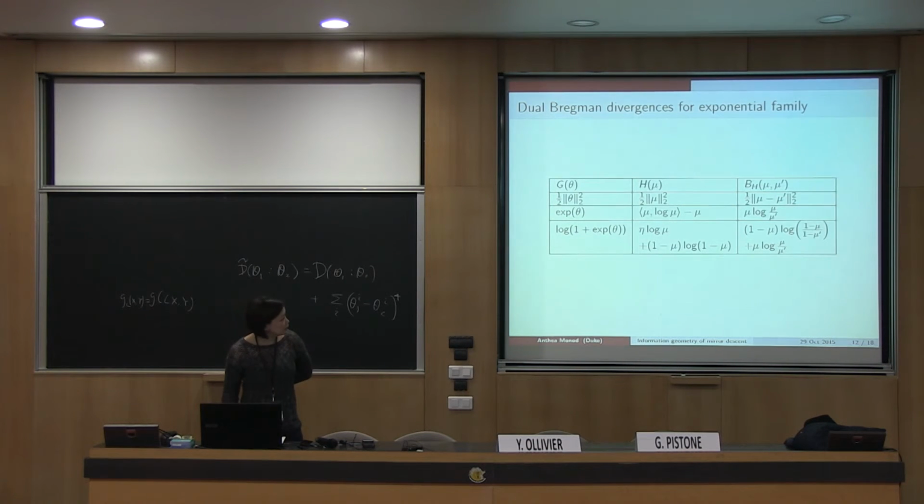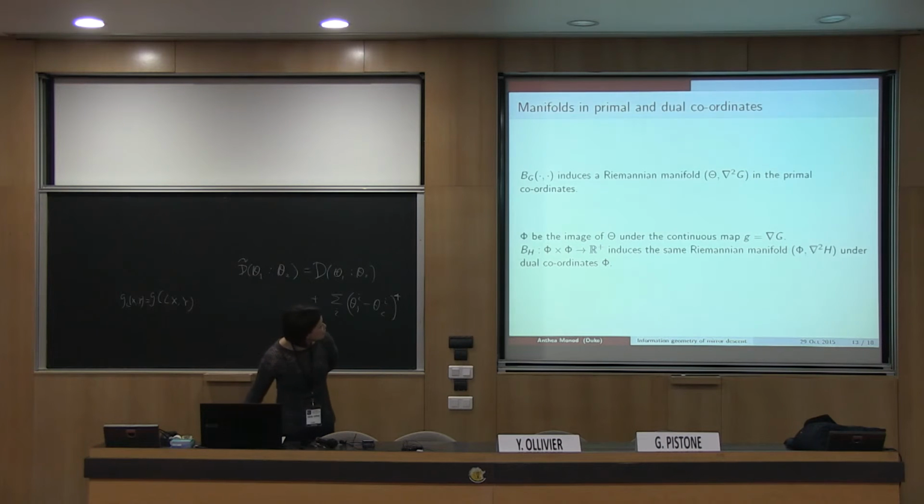It turns out that every Bregman divergence and its dual induces a pair of Riemannian manifolds. The strict convexity yields a twice differentiable function with a positive definite matrix, and we get primal and dual Riemannian manifolds.